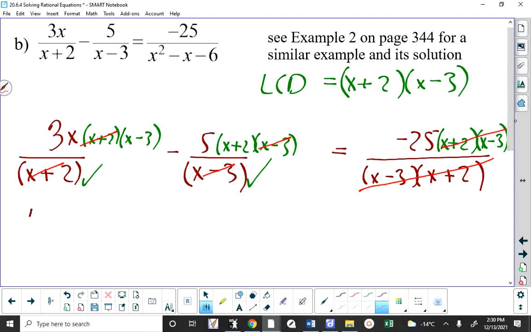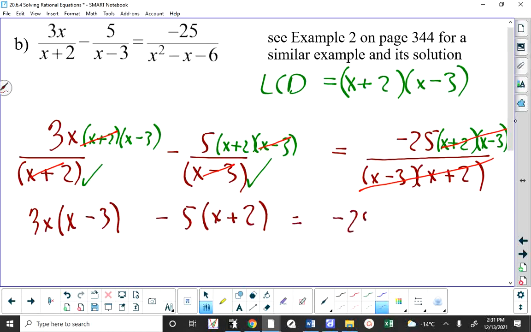We have 3x times x minus 3 minus 5 times x plus 2 equals negative 25. And this particular question is a Math 20-1 question because it's going to be quadratic. Do me a favor and expand this out and zero the equation.